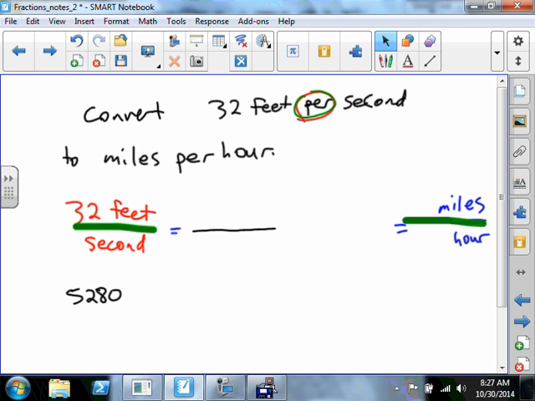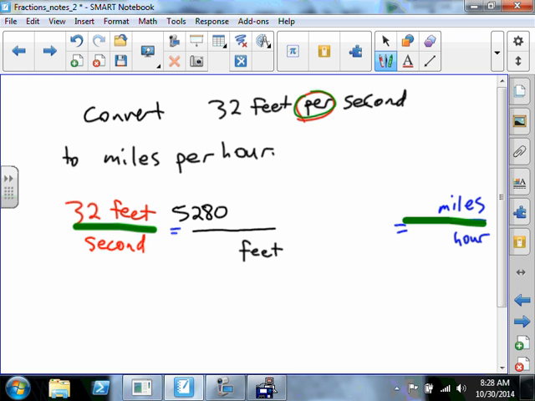Now, if I put feet up here, that's going to screw things up, isn't it? Because numerators don't cancel numerators. Numerators cancel denominators, right? So I need to put, and you did say divide earlier, and you had that right. That's good. I'm impressed. So what we need to do is put the feet in the denominator.